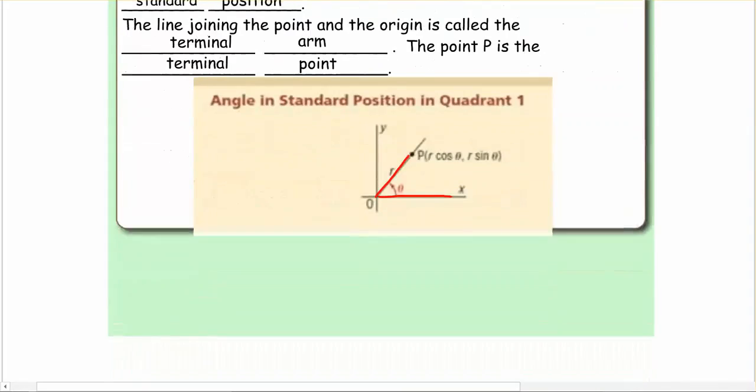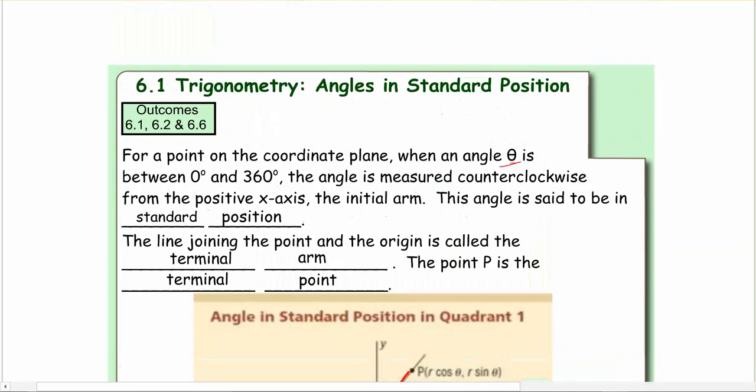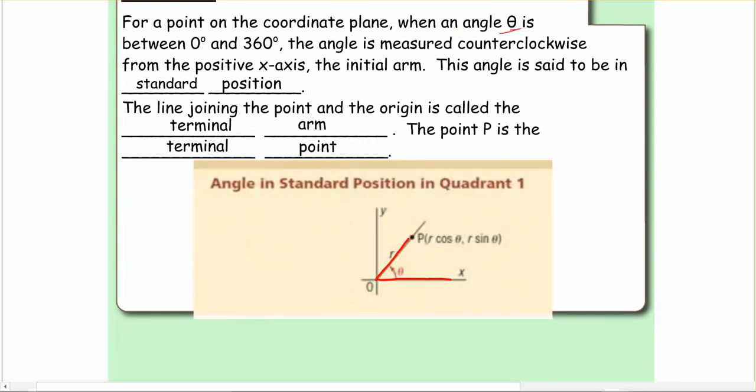So if we're talking about any angle in standard position, we're talking about the angle counterclockwise, going that direction, from the positive x-axis. That just means the x-axis on this side, the positive part of the x-axis. And we call that the initial arm. These are going to be called arms, the things coming off of these, just like arms. The initial arm is just where the angle is coming from. It's the initial place where it is.